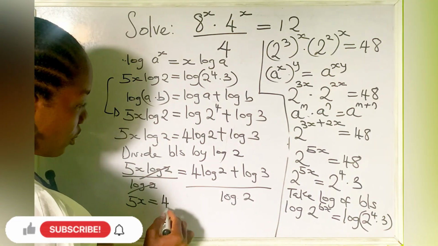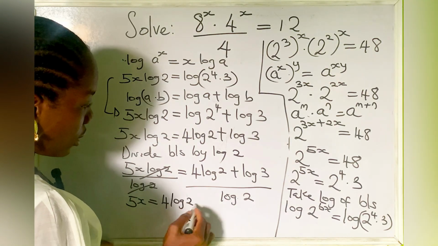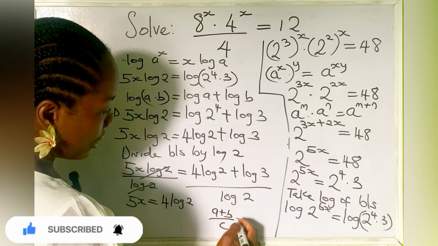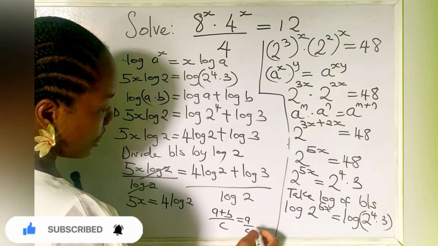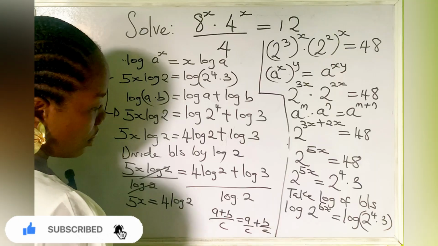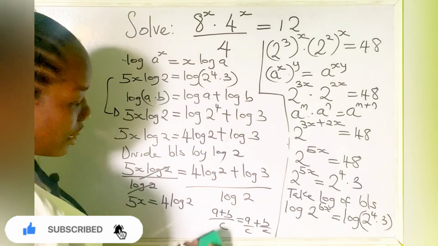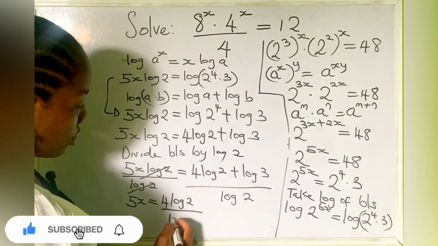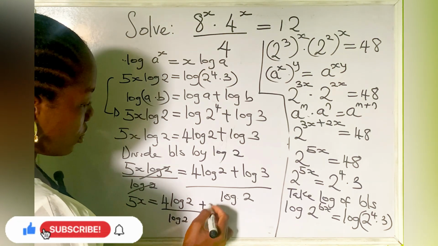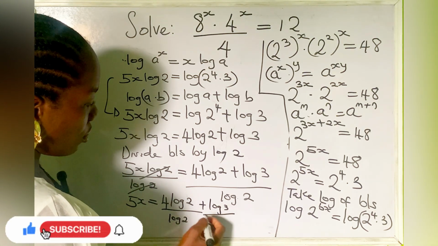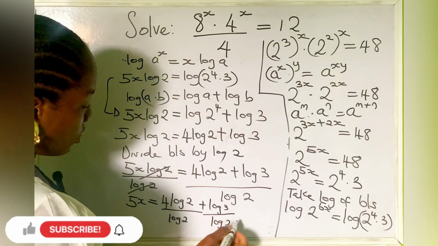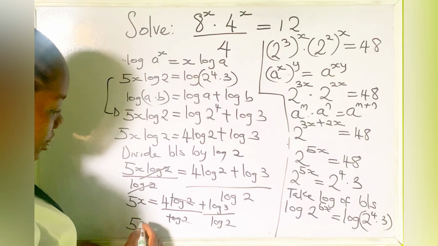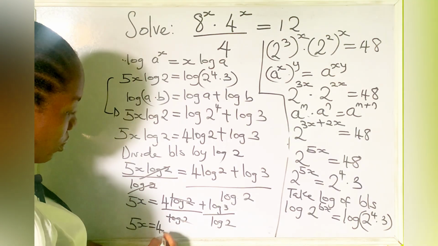So it becomes 4 log 2, just like saying when you have A plus B over C, it's the same thing as saying A over C plus B over C. We're going to apply that here. So now this is 4 log 2 over log 2 plus log 3 over log 2. Now, log 2 cancels log 2, so we now have that 5x is equal to 4 plus.